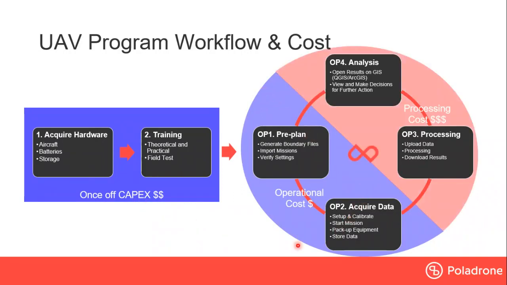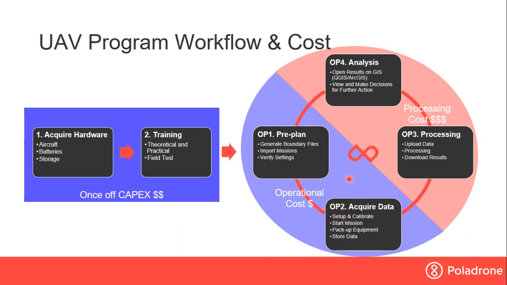The first part, the blue one you see, is the operational cost. Every time you have a project, you need to send your pilots to the field to capture with your own drones. This is what I mean by operational cost. You need to set boundaries, go to the area and take all the photos.